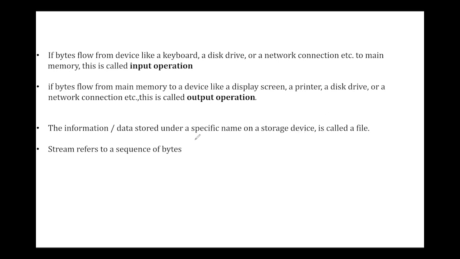For example, in your system itself you would have opened a Word file or an Excel file or any PPT, which is saved under a certain name, isn't it? It has to be saved under a certain name, so that is nothing but a file. So a file is nothing but information or data stored under a specific name on a storage device.